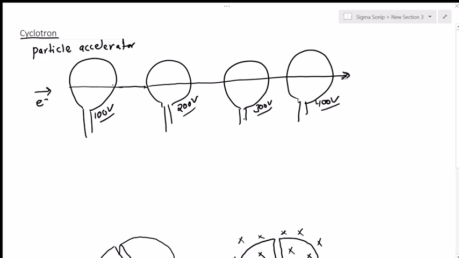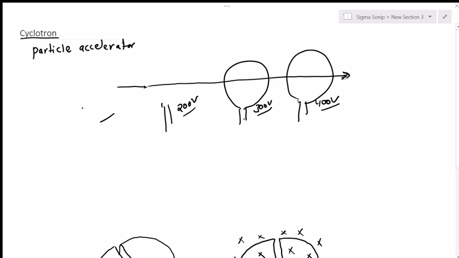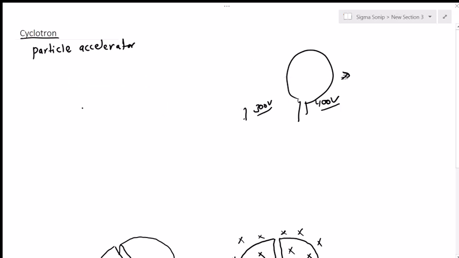In a cyclotron, what we do is, let me first clear this. We don't need this diagram anymore. In a cyclotron, we use the fact that a charged particle moves in a circular path when it is moving in a magnetic field.